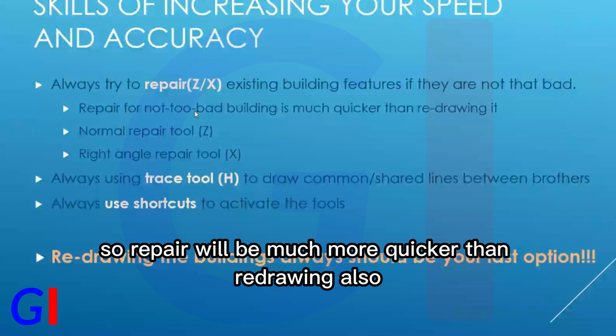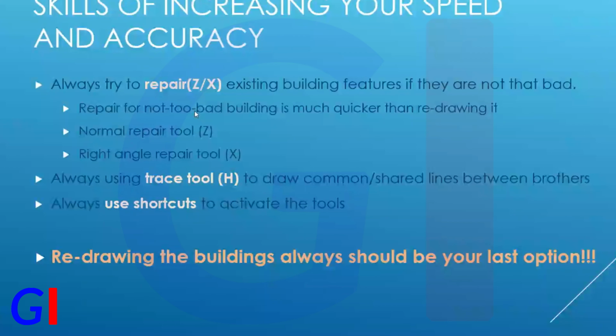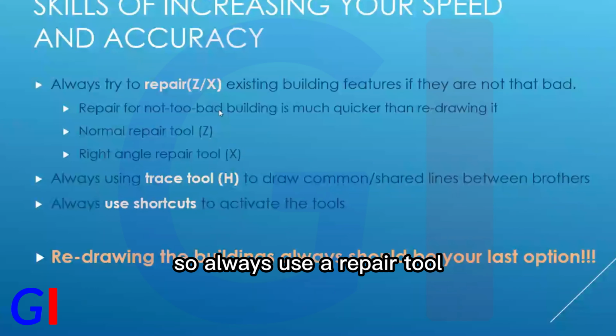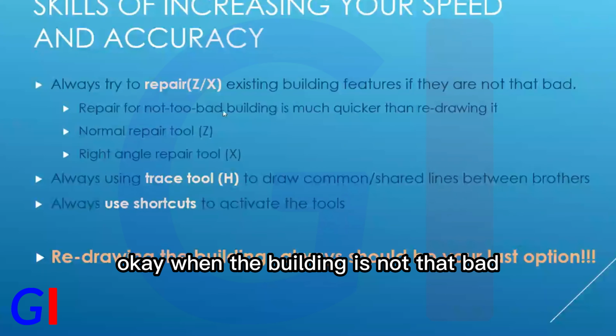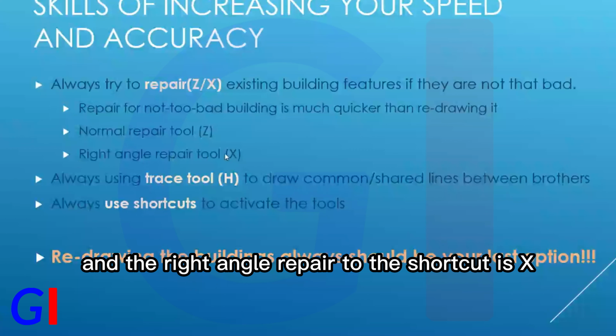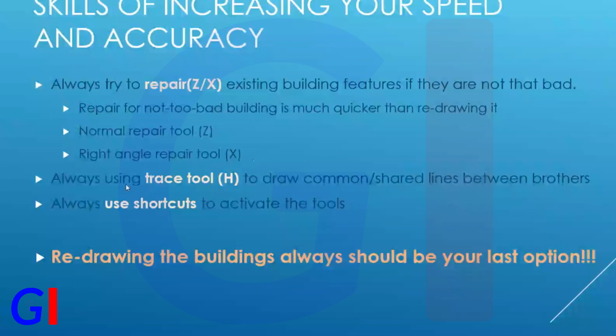Repair will be much quicker than redrawing. Also, repair helps you to do very little edits on that building. So always use the repair tool when the building's not that bad. So the normal repair tool, the shortcut is Z, and the right angle repair tool, the shortcut is X.